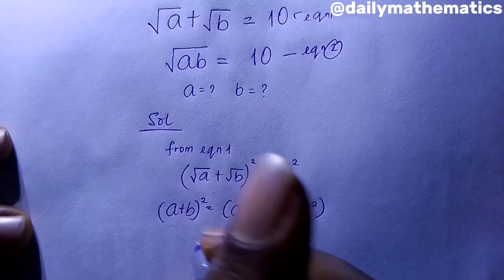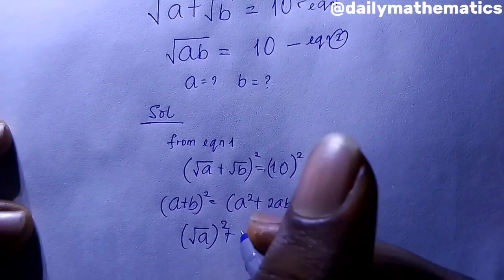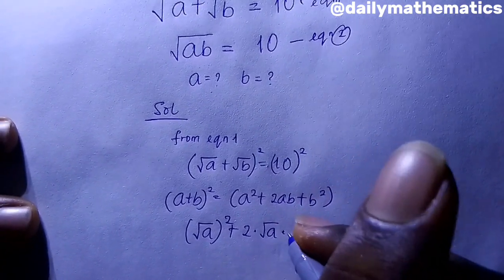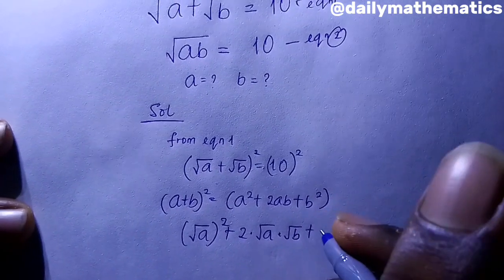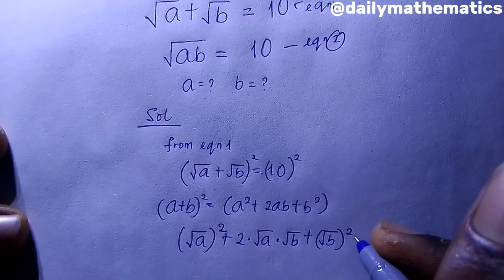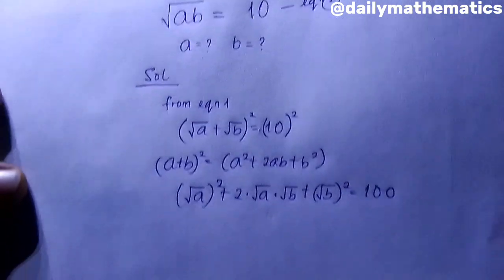So that will give us root a squared plus 2 times root a times root b plus root b squared equals 10 squared, which gives us 100, right?